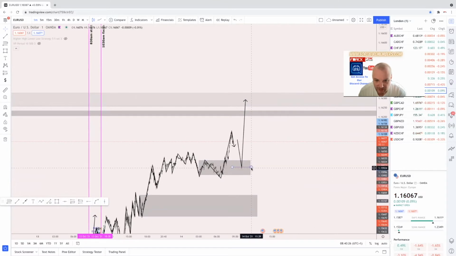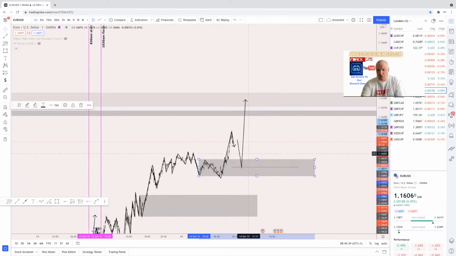So one of a couple of things may happen today. One, we may get price come down, bounce off this level and go to the higher ones.